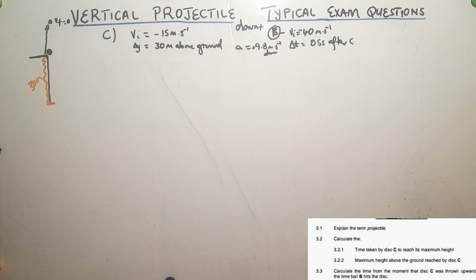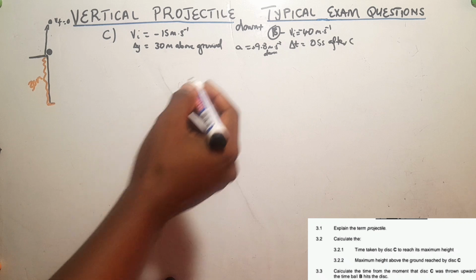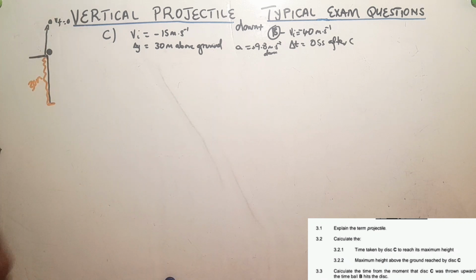So this 3.3 is saying calculate the time from the moment disc C was thrown upwards until the time ball B hits the disc. So this one now needs a lot of things. It needs you to think outside the box, right? So for two things to collide, what must happen?